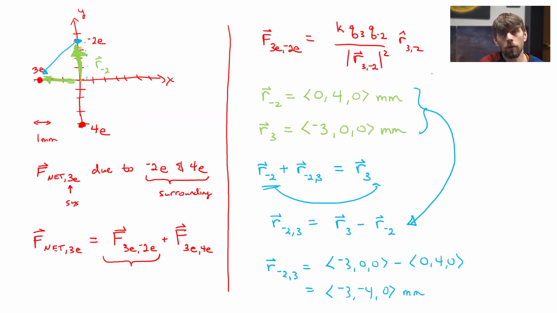I'll remind you, from our figure here, the position vector for the 4e charge is 0, negative 4, 0 millimeters. So the first thing is we recognize that we need the relative position vector between those two charges. We can do the same song and dance and realize that it is the position vector of the third charge minus the position vector of the fourth charge.